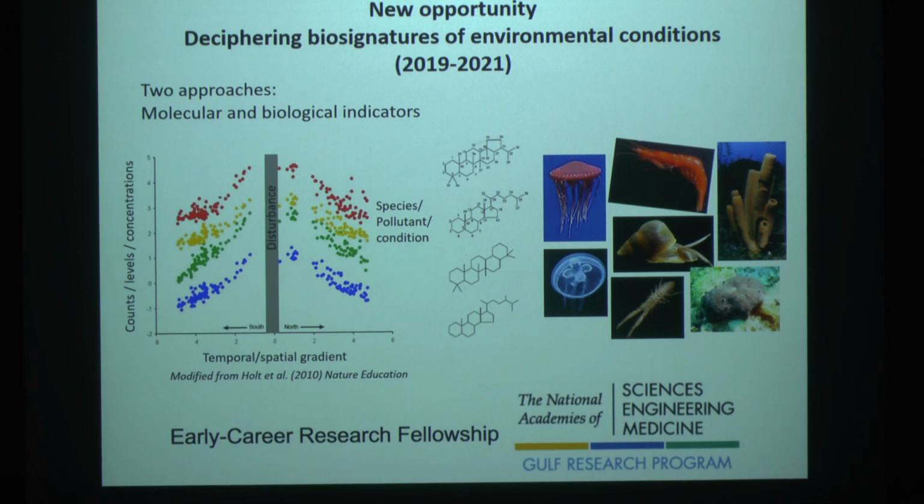So what we're doing now, we're testing, we're trying to apply molecules that haven't been applied before to look at specific contamination events, and we have some preliminary results that indicate that we're on a good track for this.